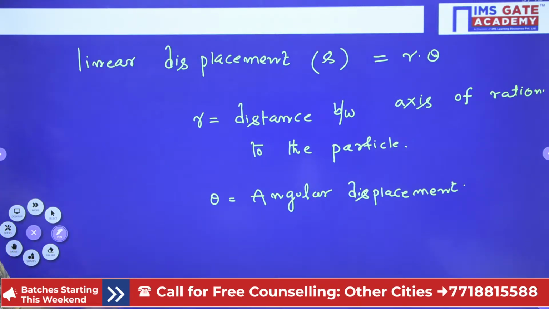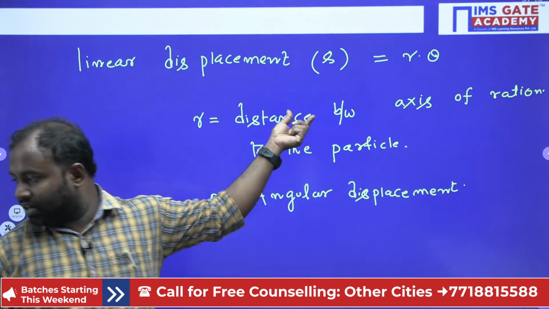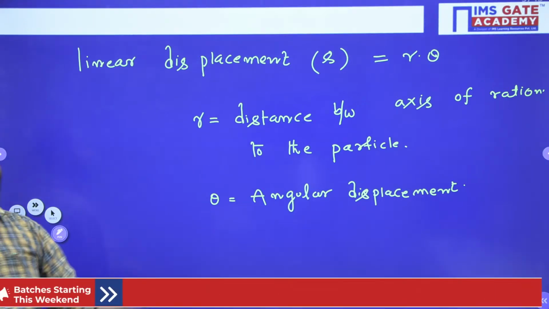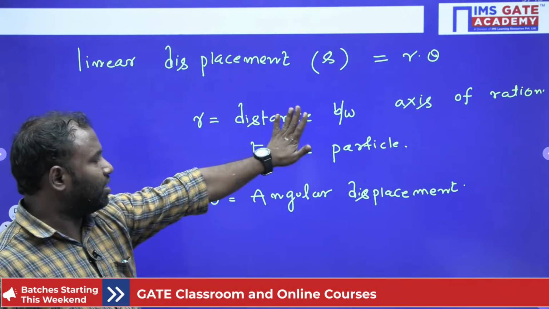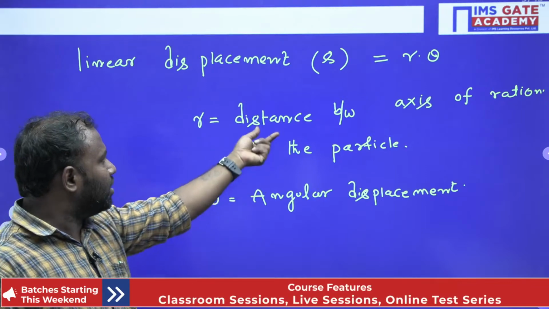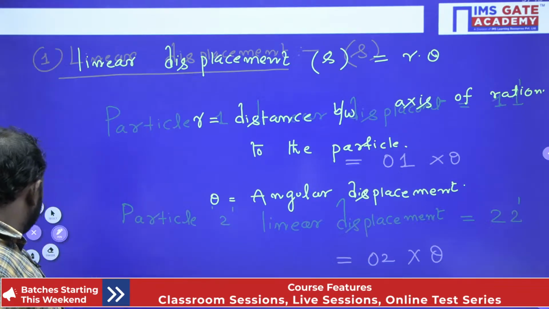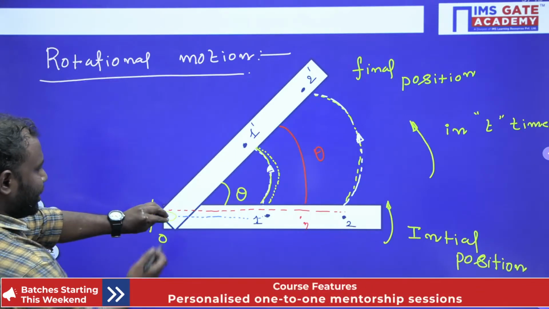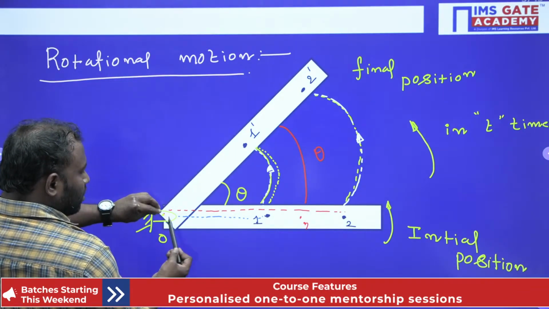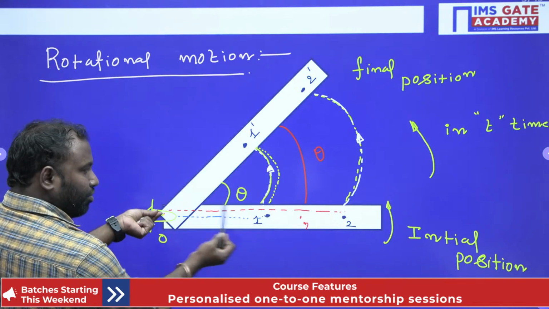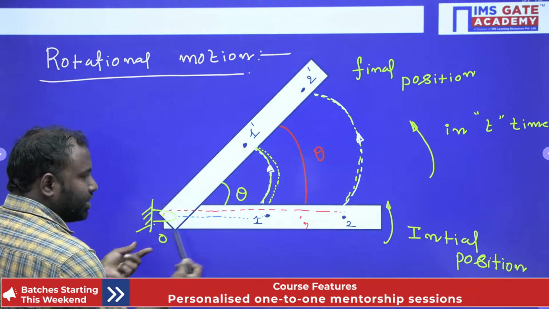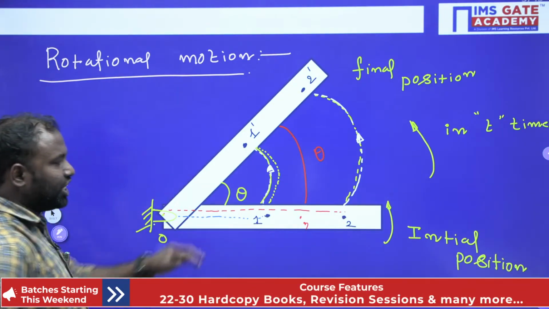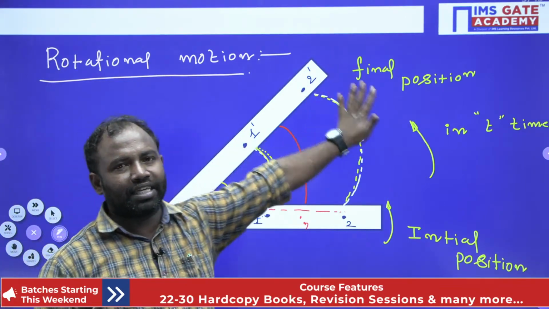Or we can say that it is the radial distance from the center of rotation to the particle, okay? See, this is my center of rotation. So R is equal to the distance between the center of rotation and the particle, right? So this is going to change for every particle, but theta remains the same, right?